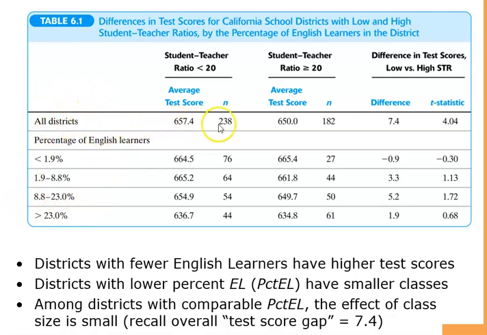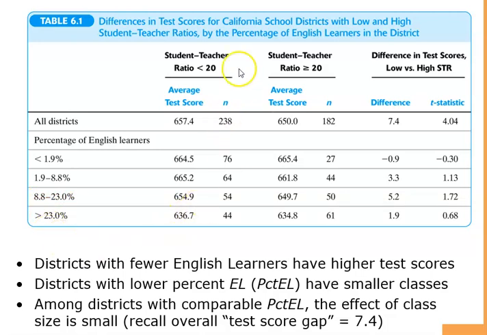The first row gives us the data for all the districts combined. But in these rows, the data is for when the percentage of English learners is less than 1.9%, when it is between 1.9 and 8.8%, when it is between 8.8 and 23%, and when it is above 23%.